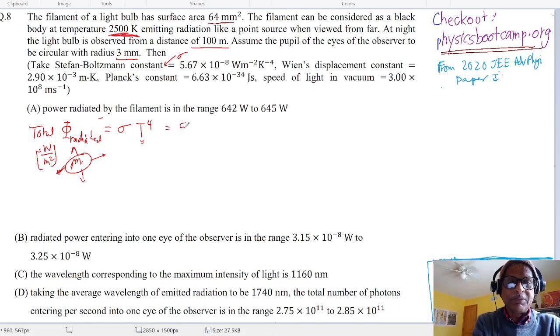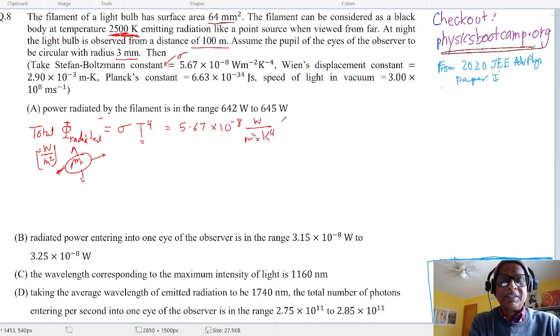So this is 5.67 times 10 to the minus 8, per Kelvin to the power 4, and I have to multiply by 2.5 times 10 to the power 3 Kelvin to the power 4.